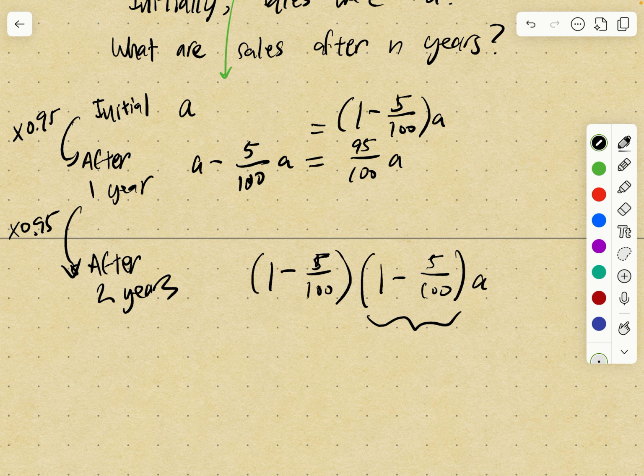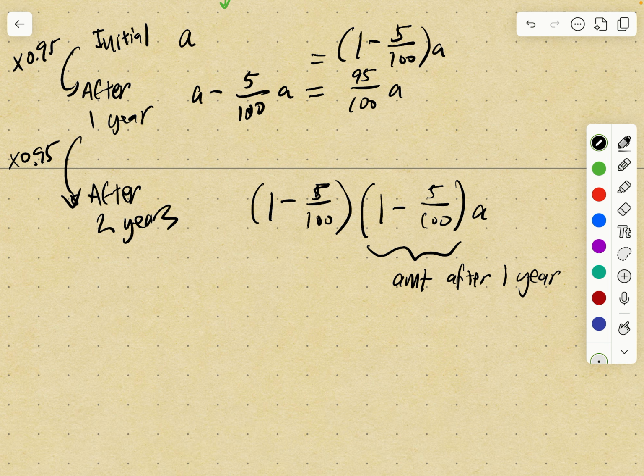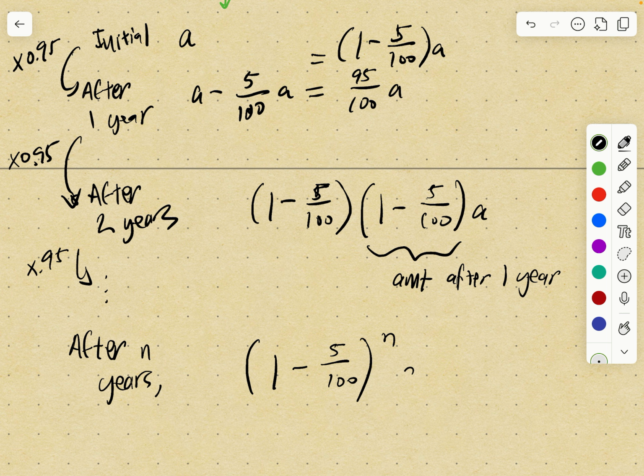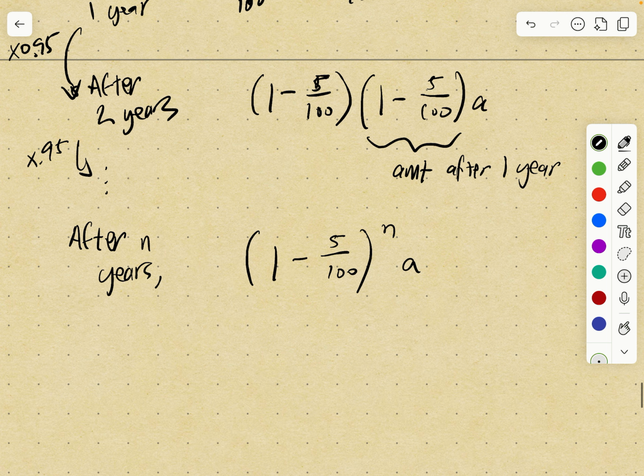Then you just keep multiplying by 0.95 and you keep going. So after n years, you are left with 1 minus 5 over 100 to the nth power times A. So this is the amount after n years.